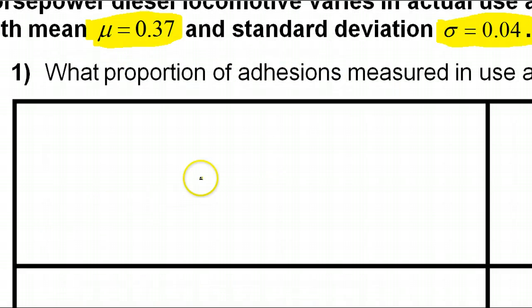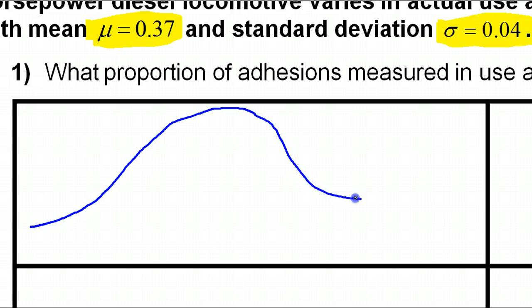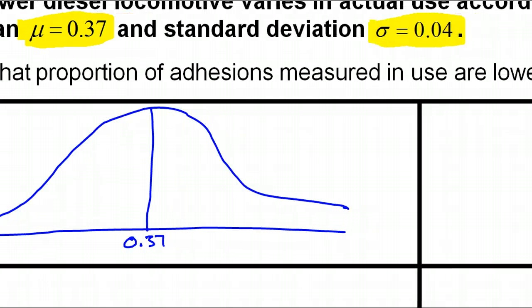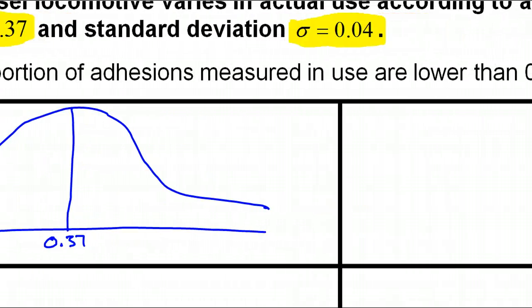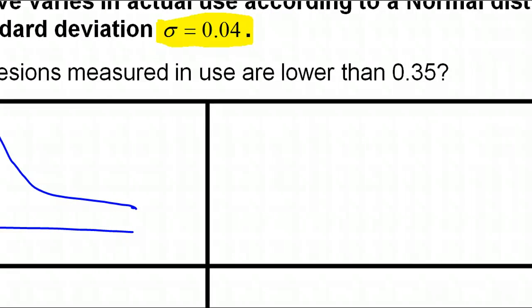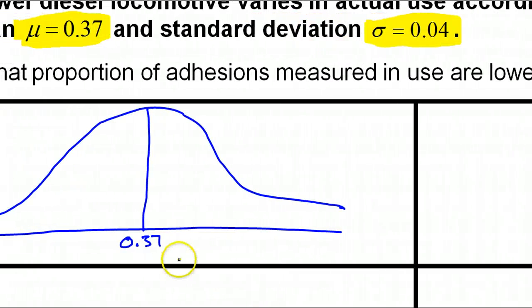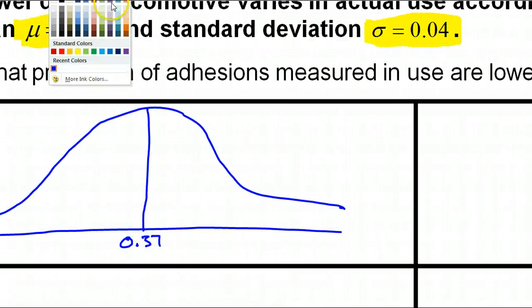In this corner, you draw yourself a normal distribution, bell curve, some call it. It's a little lopsided, whatever, I'm not fixing it. Drop your mean down the middle, so that's 0.37. Now, if we want to know what proportion of adhesions measured in use are lower than 0.35, well, 0.35 will be to the left.